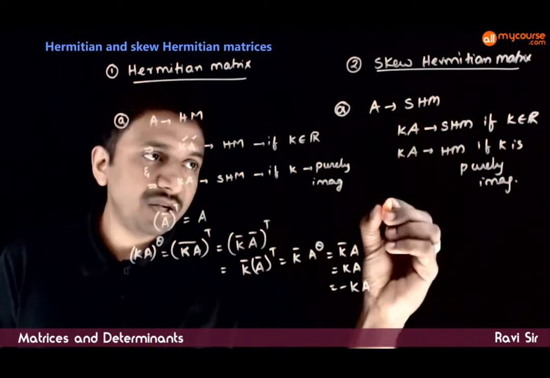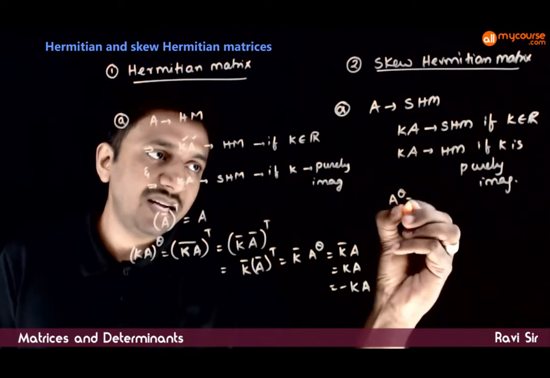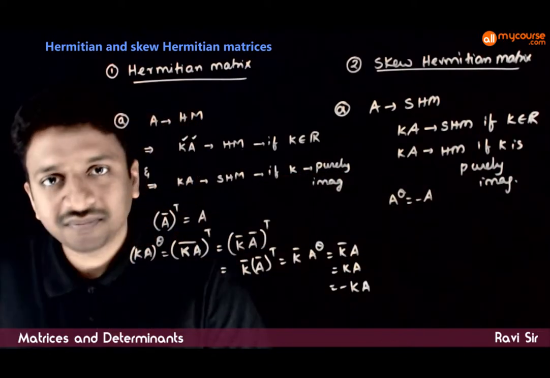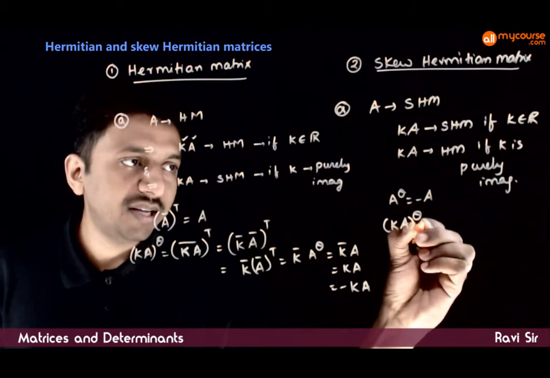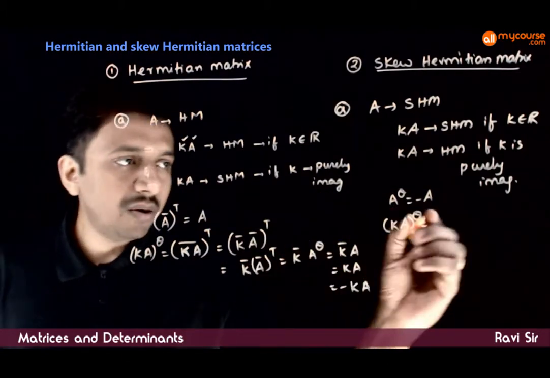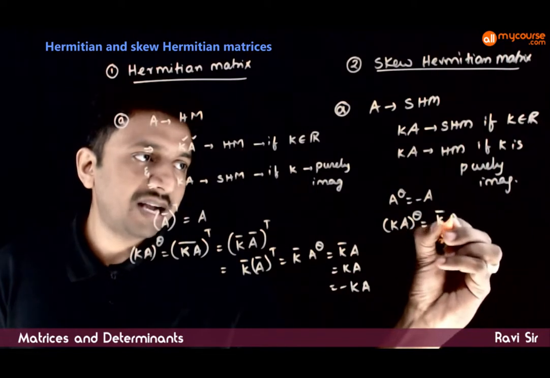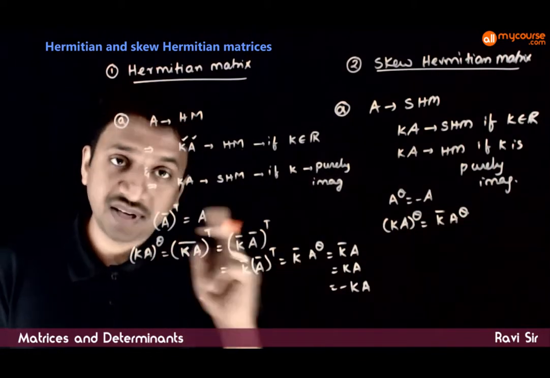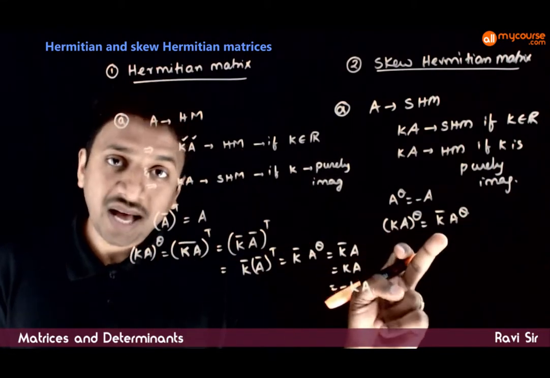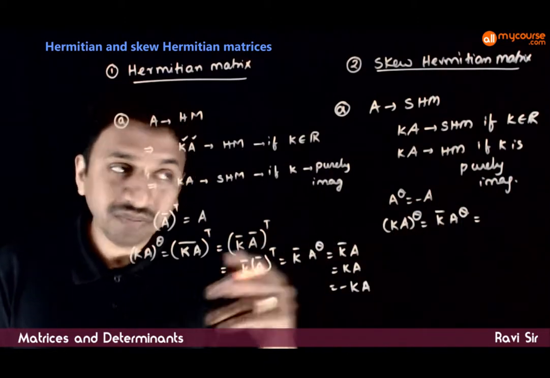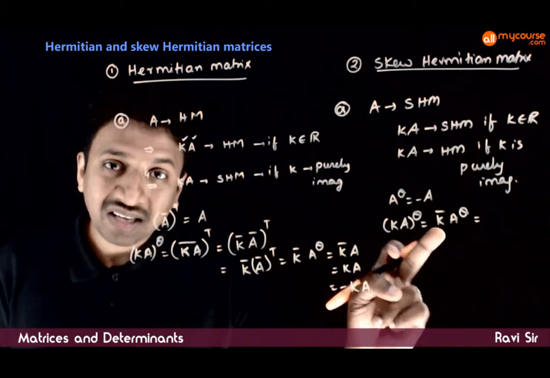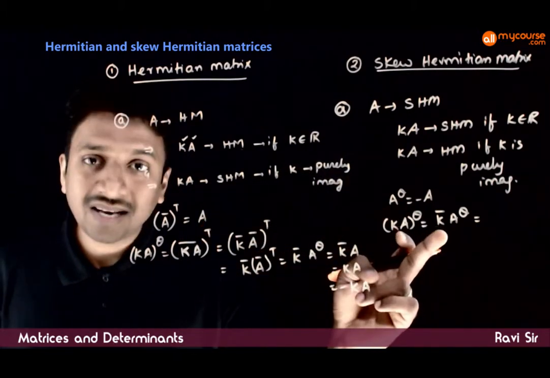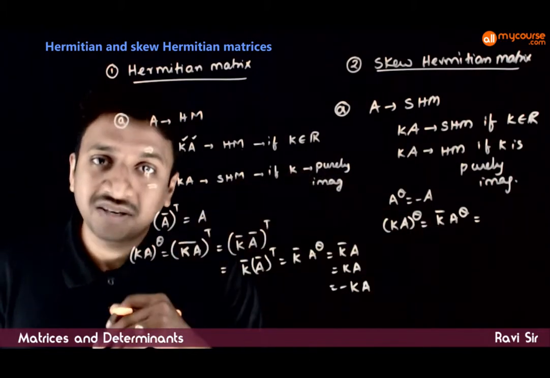So A is a skew Hermitian matrix, so A theta is equal to minus A. Now what can you say about KA whole theta? KA whole theta is K bar times A theta, as we have derived. Now K bar is equal to K if K is real, and minus K if K is purely imaginary.